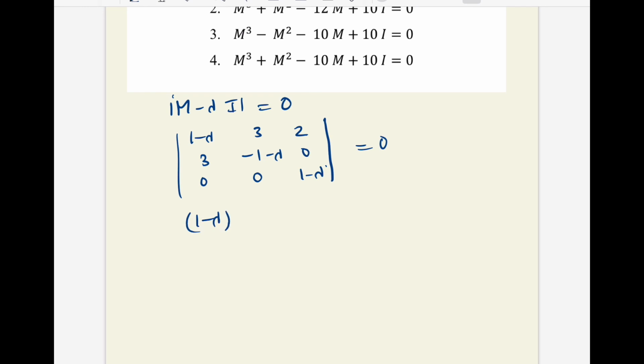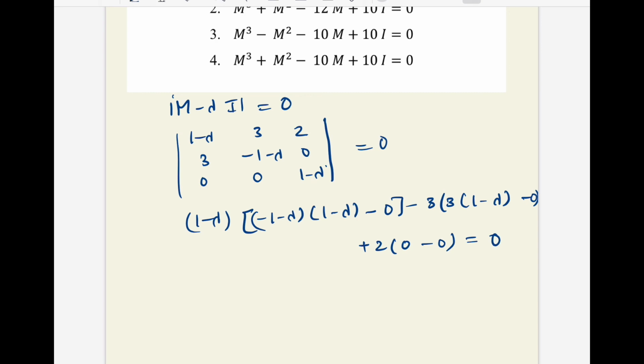Expanding, 1 minus lambda multiplied by minus 1 minus lambda times 1 minus lambda, minus 3 times 3 of 1 minus lambda, plus 2 times 0 minus 0. So 1 minus lambda is minus of 1 plus lambda and 1 minus lambda, minus 9, 1 minus lambda, equals 0.